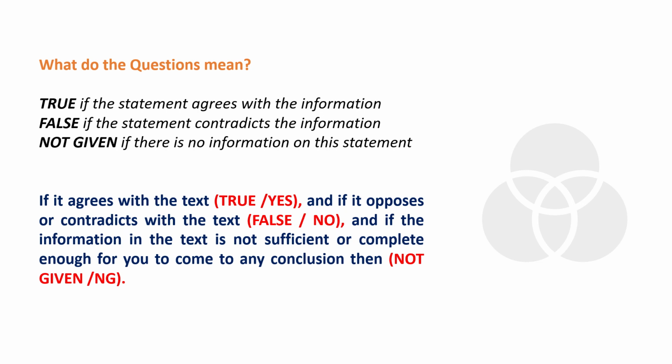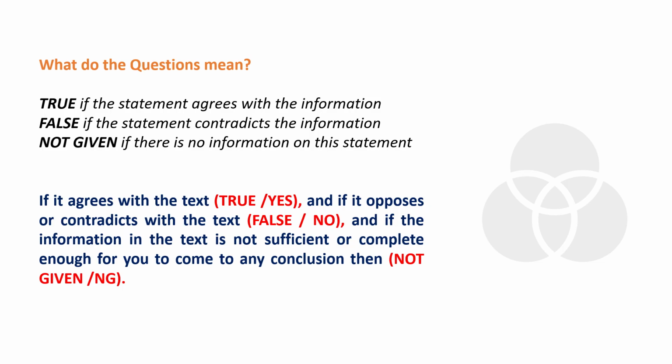So unless you find something exactly contradictory, maybe in different words, you cannot say it's false. It will only be false if you find the contradictory information, otherwise not given. If the information is not there, or it is not complete enough for you to come to any conclusion, it's going to be not given.